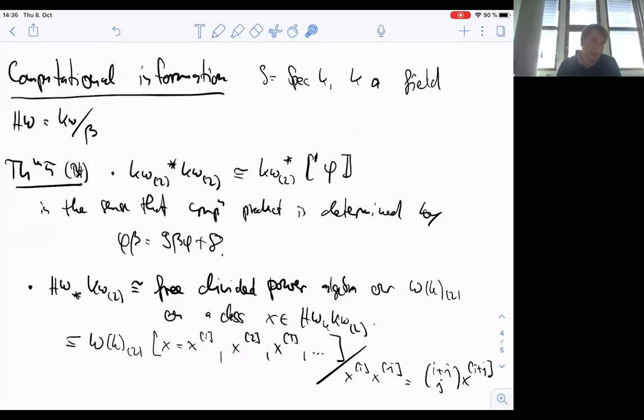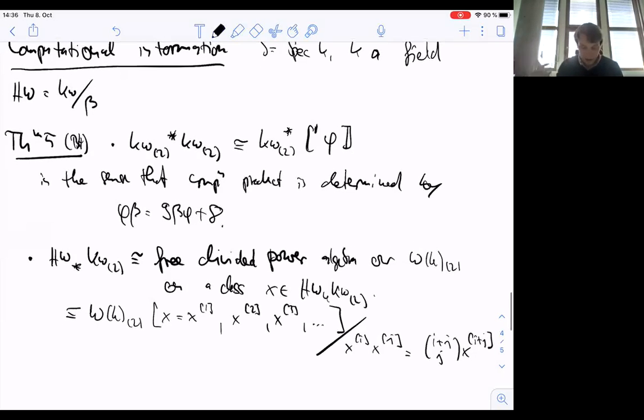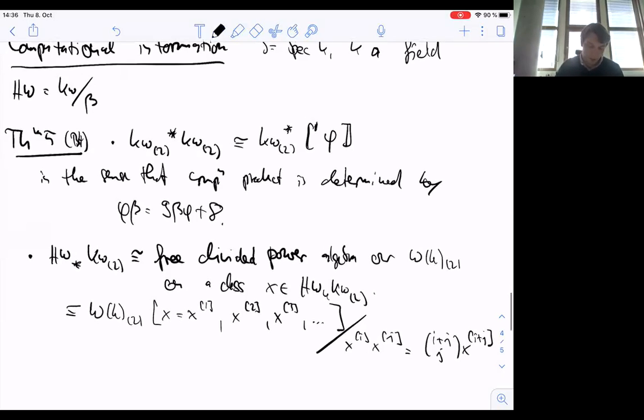If you're allowed to divide, no problem, then you would just get a polynomial ring on this generator. But because there can be torsion, because it's not rational, this is not true, and so the multiplicative structure is more complicated.